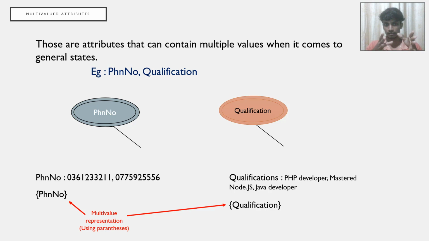I have given some examples over here, phone number and qualifications. A phone number might have multiple values, there will be a couple of phone numbers. Then that attribute has multiple values, which means it automatically becomes a multi-valued attribute.